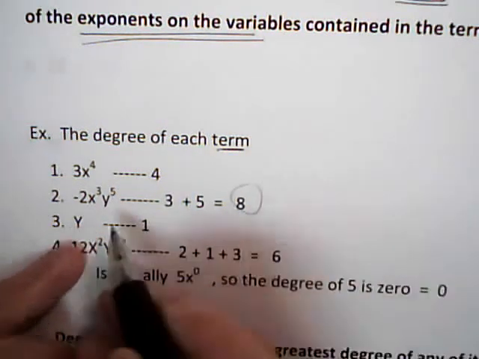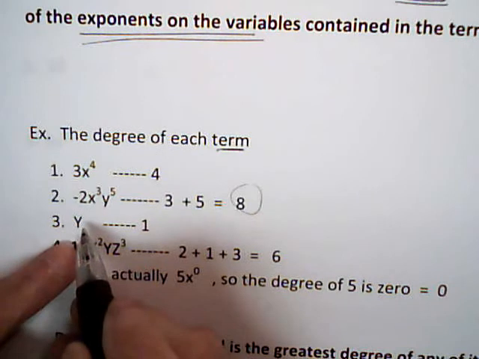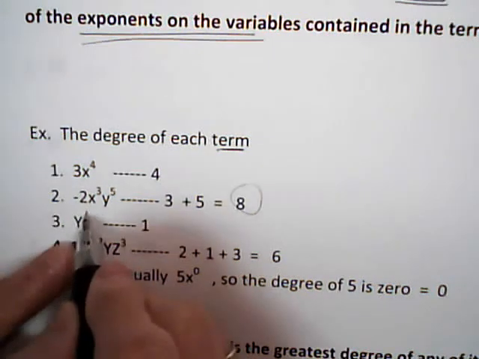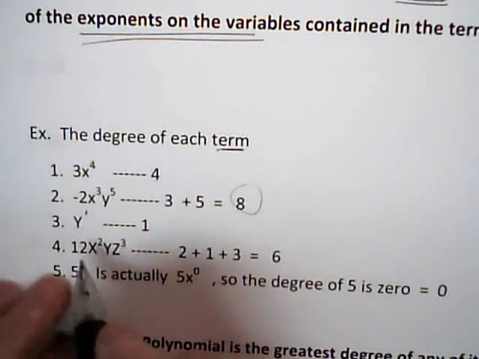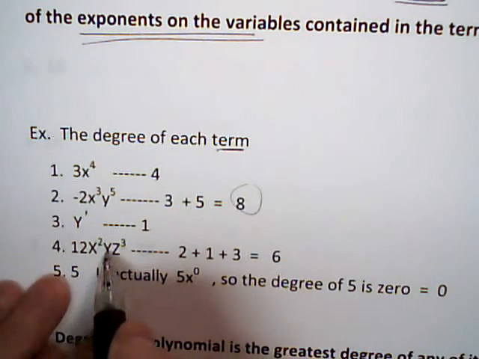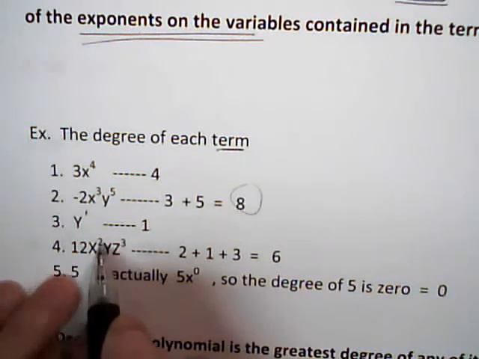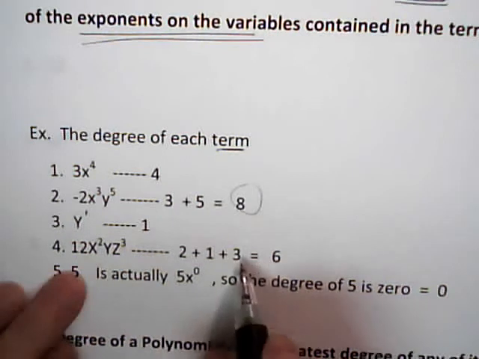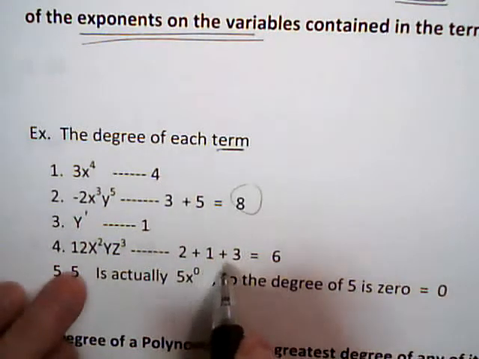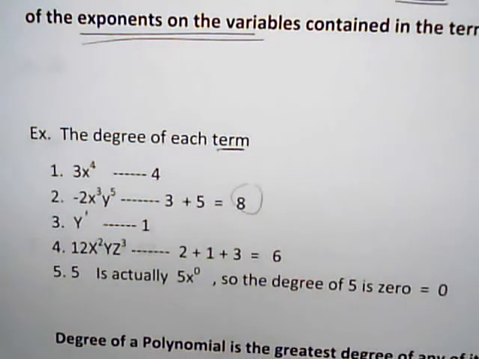So 8. All right, if you just have a y, what is the degree? Well, it's understood to be y to the first, so it's a 1. Okay? All right. Here we have 12x squared yz cubed. Well, the x has a 2 exponent, the y has a 1 exponent, the z has a 3 exponent, so that's going to be a degree of 6.